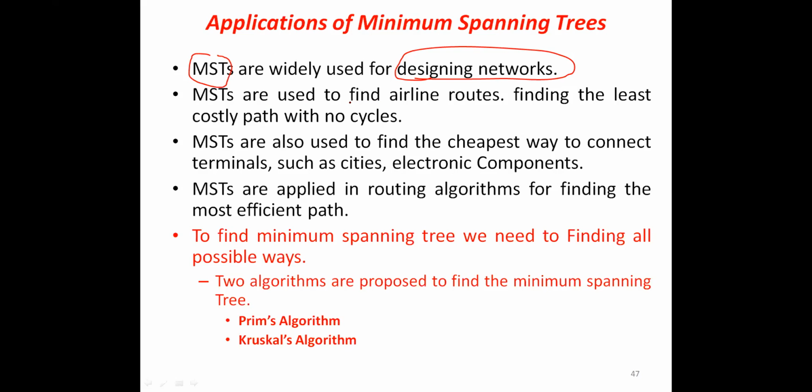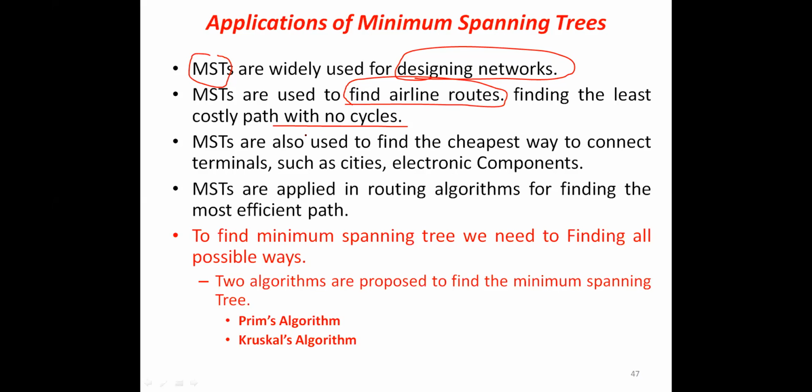Or also for finding airline routes, right? So what are the possible ways we can connect in several directions, finding the least costly path with no cycles. Always keep in mind, a spanning tree won't form a cycle, but it will find the lowest cost.